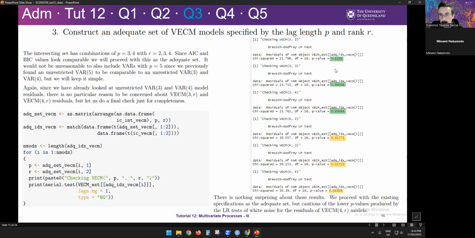If I click, you will see once again, we're moving forward with VECMs with 3 lags and cointegration rank 2, 3, and 4. And we are still moving forward with 4 lags, although, as you can see, once again, we have this p-value that is in between 1 and 5%.